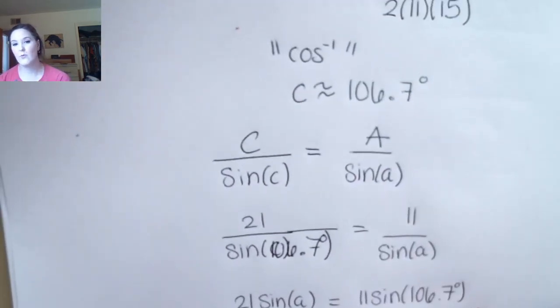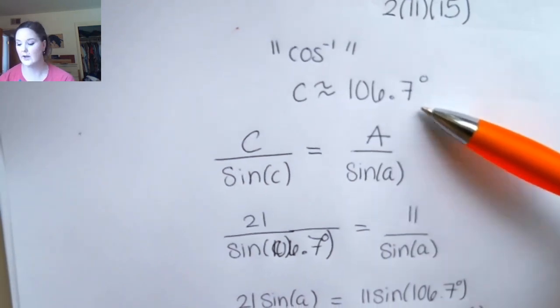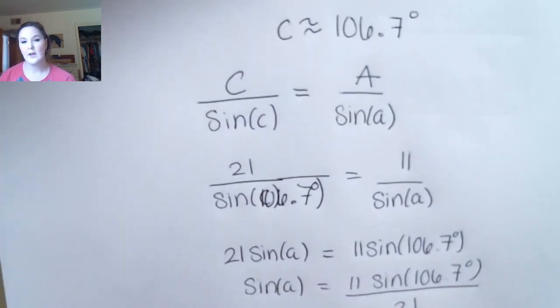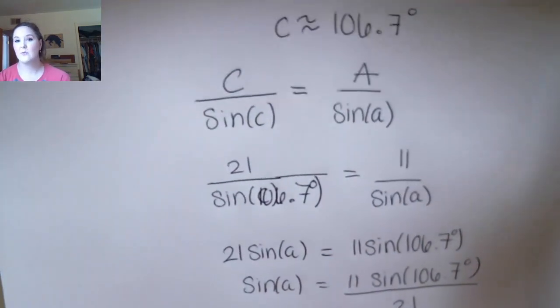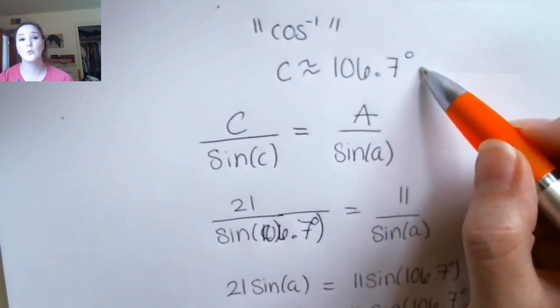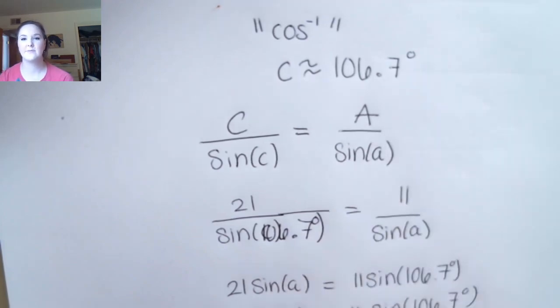You can't have one angle that's 150 and one that's 106 in the same triangle. So there's no issue with the ambiguous case. That's the reason that we find the biggest angle first: to rule out the cases when we don't really have the ambiguous case.